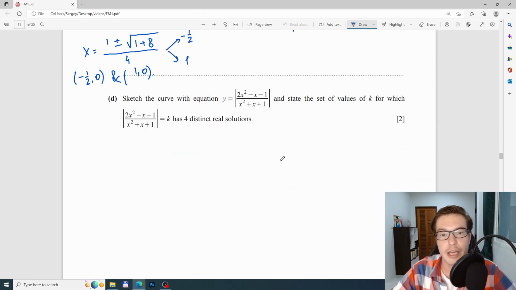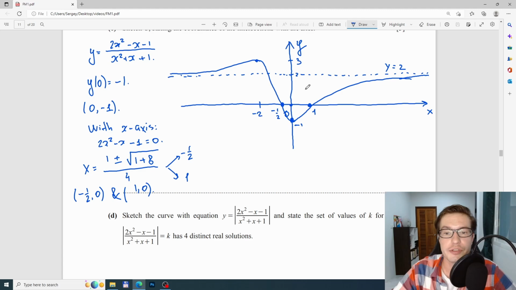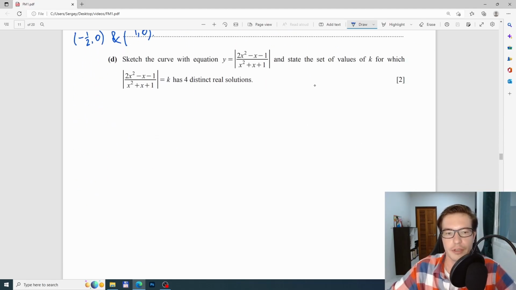Okay, next question. Basically the same curve, but only taken with the absolute value. Now, what it does is it's going to reflect the negative part of the curve, where we go below the x-axis, on top. So let's quickly draw this.